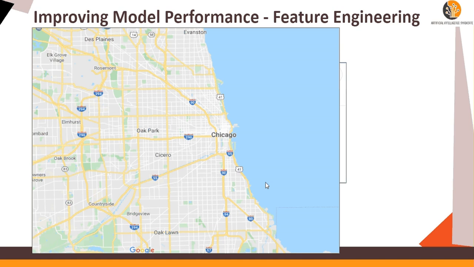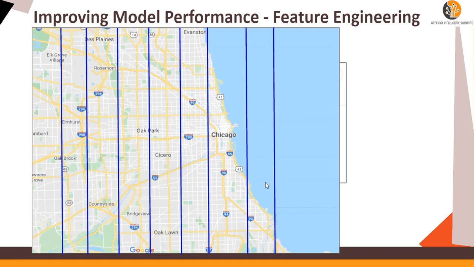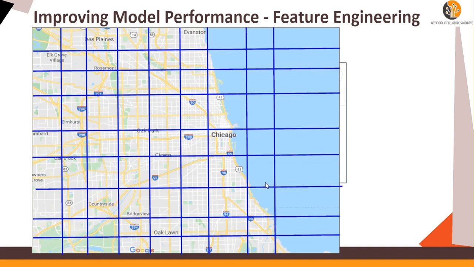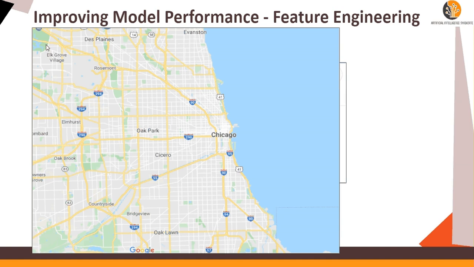So I took the map of Chicago and divided the map into buckets. I will show you one more time over here. This is the map of the Chicago area. So I had vertical lines, buckets.